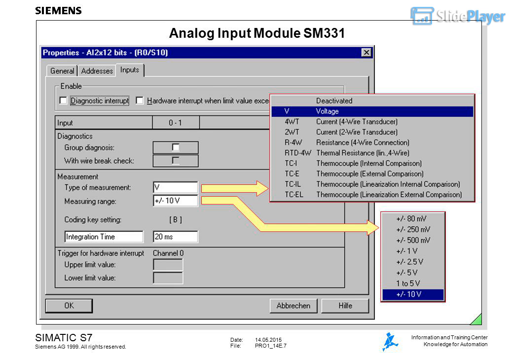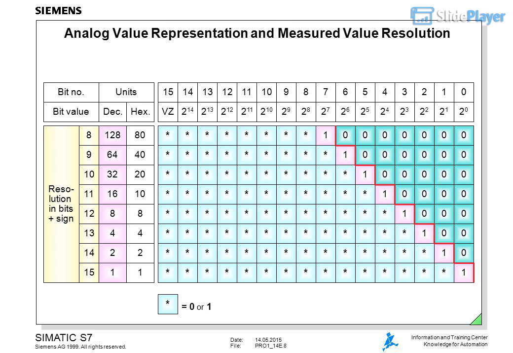Analog value representation and measured value resolution. Bit no. units: 15, 14, 13, 12, 11, 10, 9, 8, 7, 6, 5, 4, 3, 2, 1.